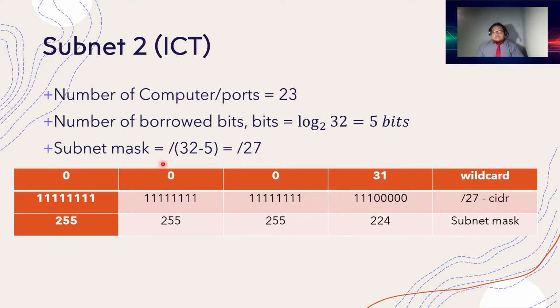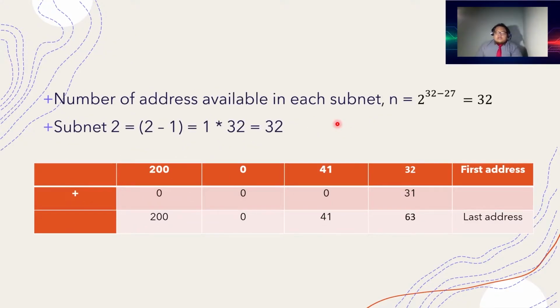As we can see here, the wildcard, CIDR and subnet mask are still the same between subnet 1 and subnet 2 because they use the same number of borrowed bits. Next, the number of addresses available in each subnet is enough for the ICT department because it only requires 23 computers or ports.